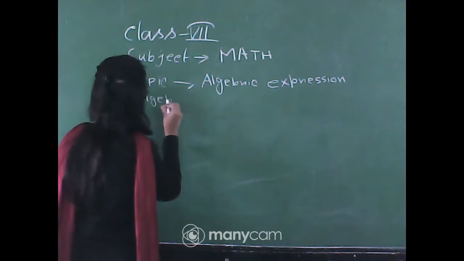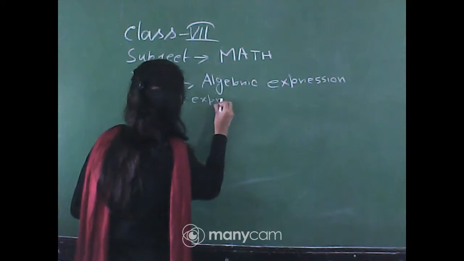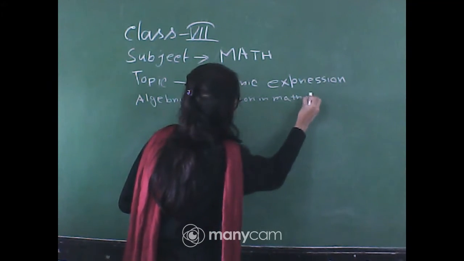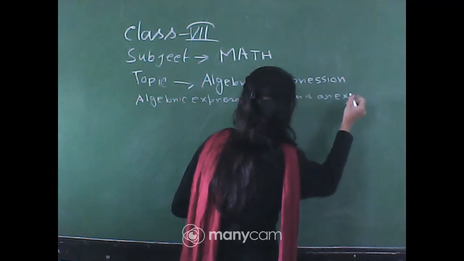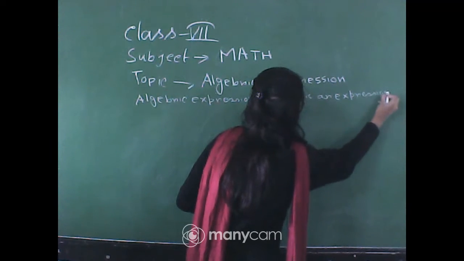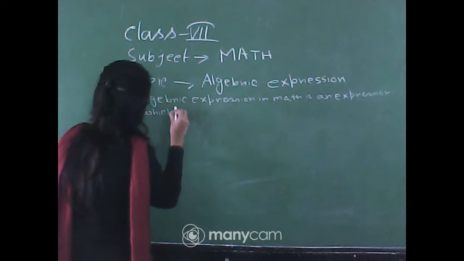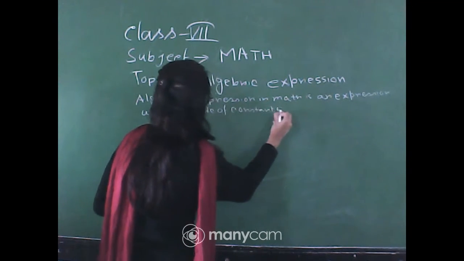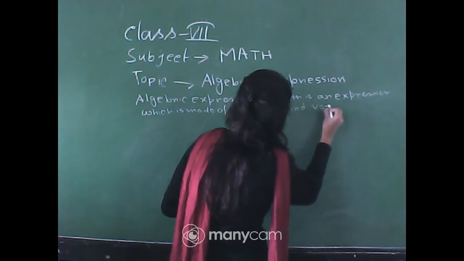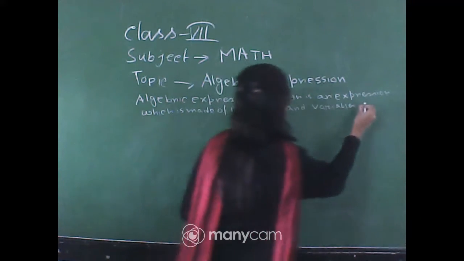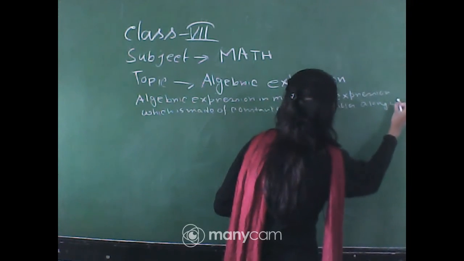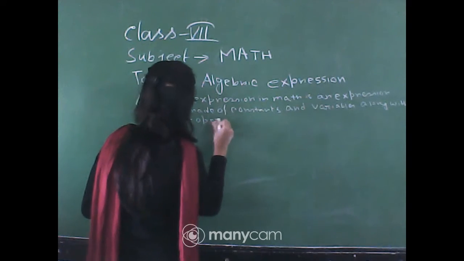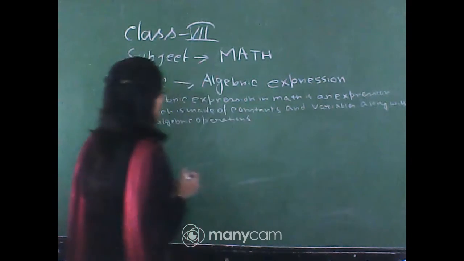Algebraic expression in math is an expression which is made of constants and variables along with algebraic operations, like multiplication, addition and subtraction.